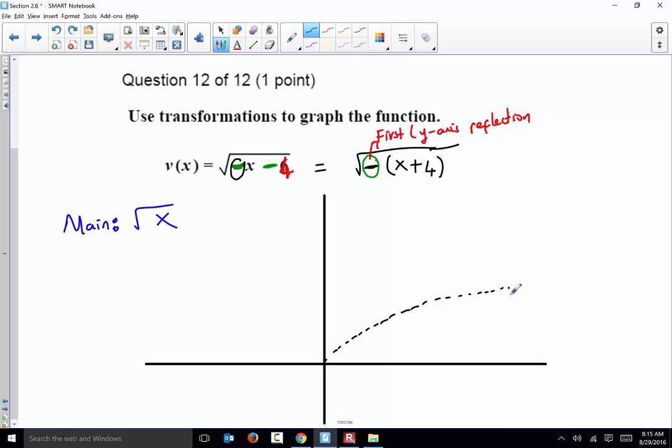Okay, this is root x. And what do you want to do with it? You want to bring a minus in front of x here. So when I put a minus in front of x, it's going to reflect along the y-axis, and it's going to go this way. Okay, this is root negative x now.